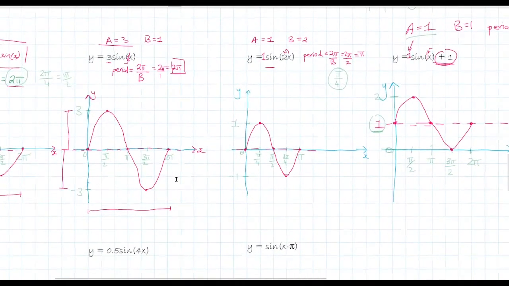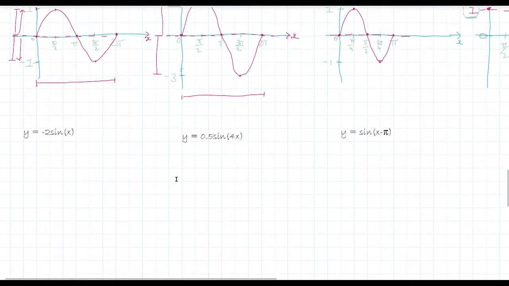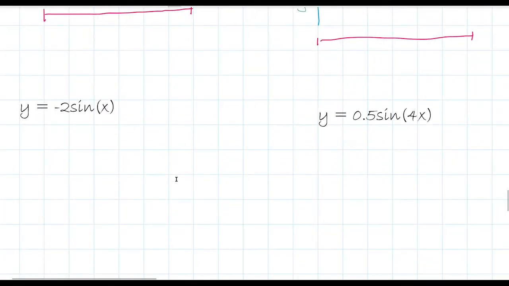All right, so let's look at another example. y equals negative 2 sine x. So again, let's look at what we know. Our amplitude is 2 and our b value is still 1. So that means our period is going to be 2 pi divided by b, which is 2 pi divided by 1, which is just 2 pi.